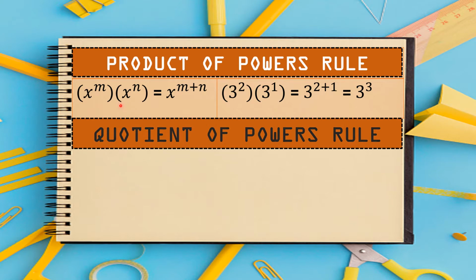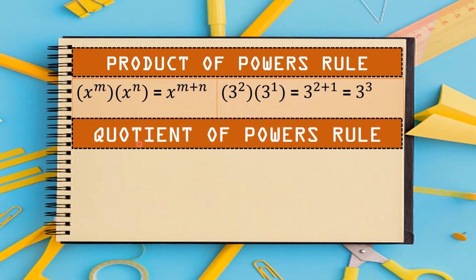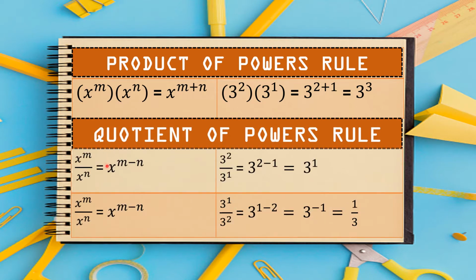Next, the quotient of powers rule. It says that when we divide x raised to m by x raised to n, it is equivalent to x raised to m minus n.